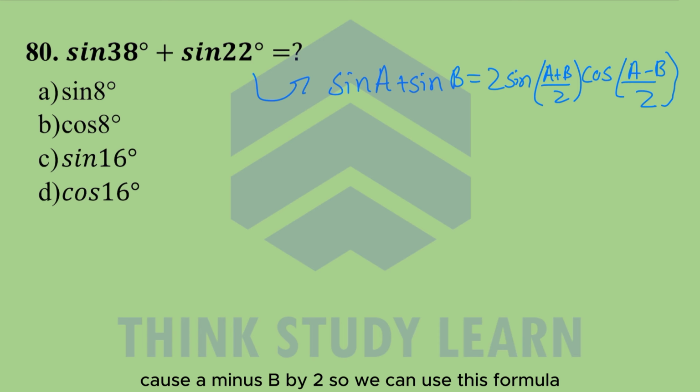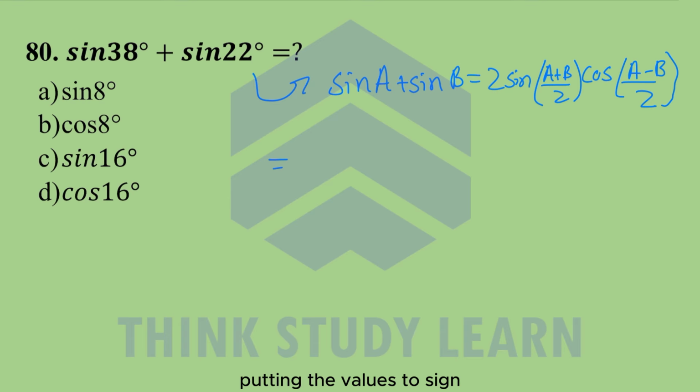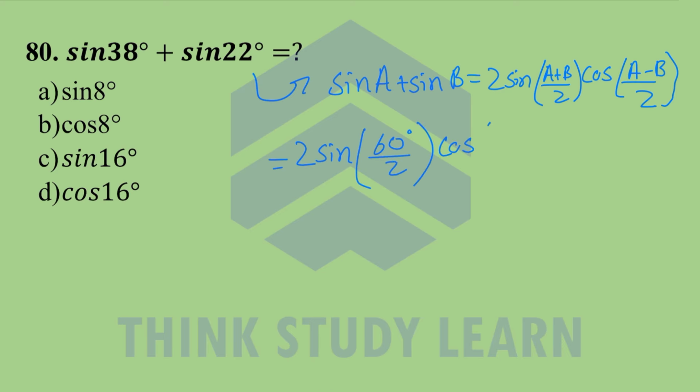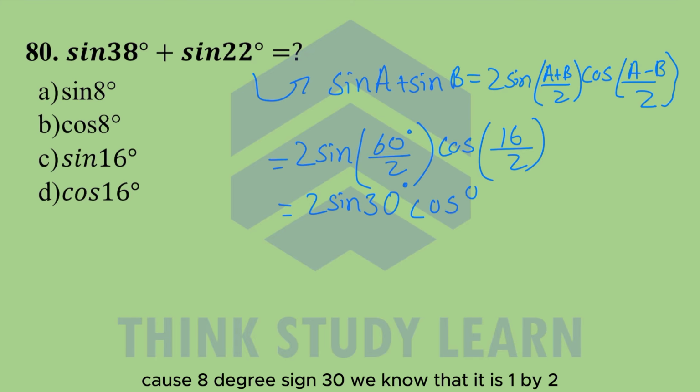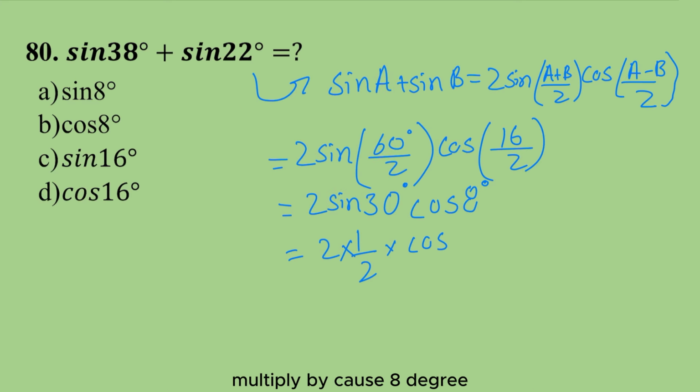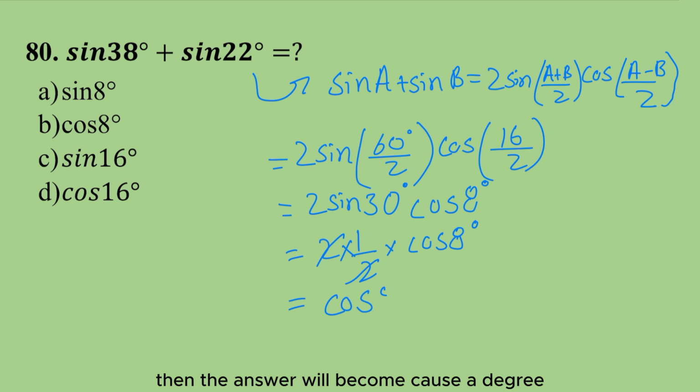So we can use this formula, putting the values, 2 sine 60 by 2 cos 16 by 2, that will give us 2 sine 30 cos 8 degree. Sine 30 we know that it is 1 by 2, multiplied by cos 8 degree, then the answer will become cos 8 degree. B option is the right answer.